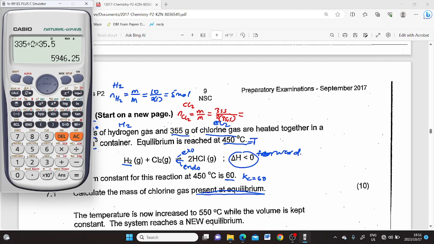So what's happening here? Let's try to do this and close the bracket. Right, we're having 4,71. I don't know what's happening with the calculator.